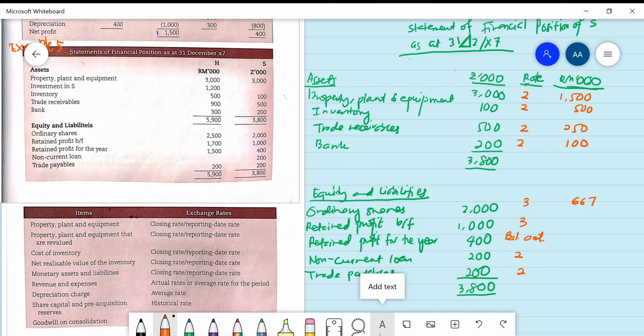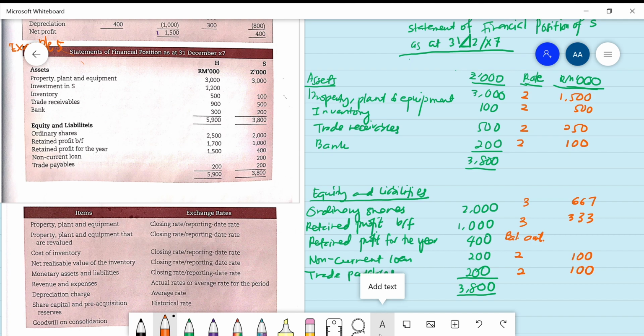Retained profit brought forward 333. This one 100.